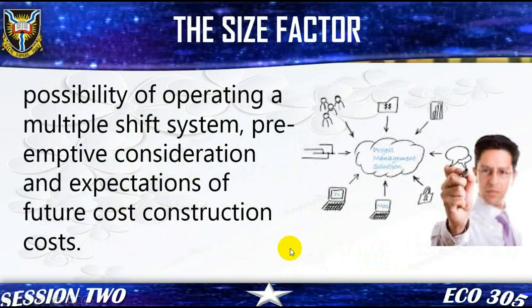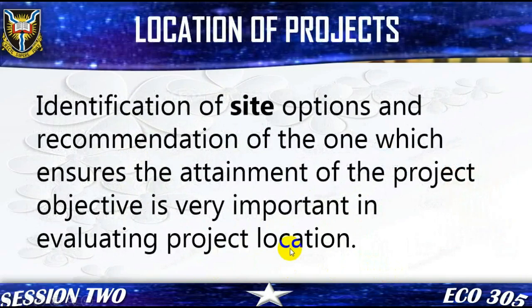Location of project. Identification of site options, and recommendation of the one which ensures the greatest attainment of the project objective, is very important in evaluating project location. The objective for locating a project varies from one private and public society to another.